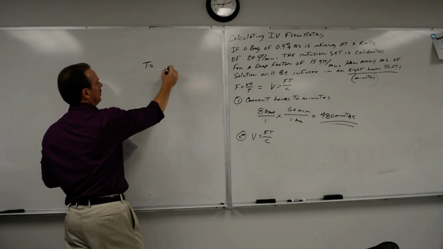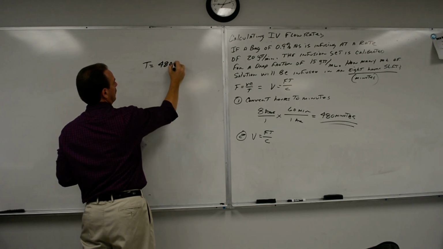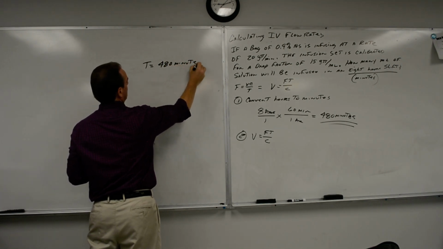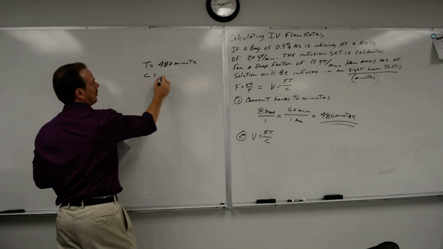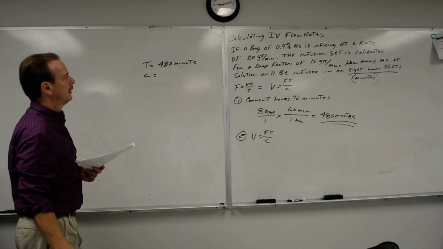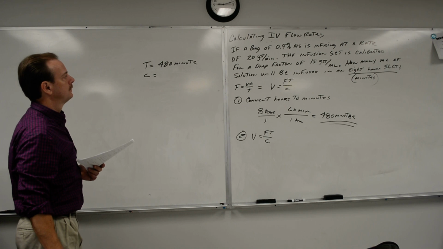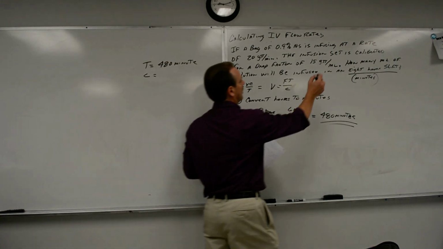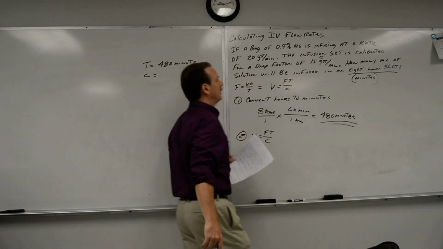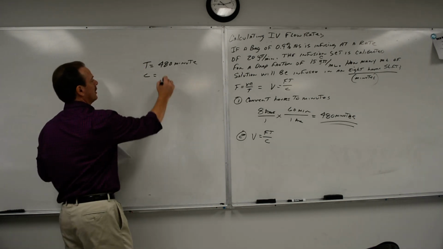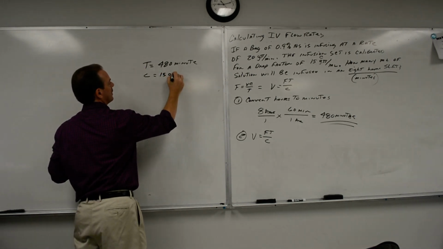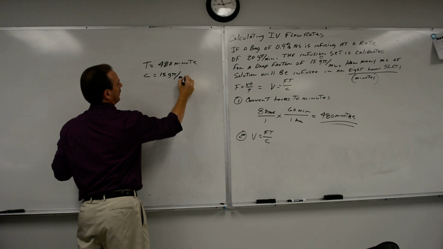We just calculated that out. 480 minutes. What is our calibration going to be? 15 drops per milliliter. This is our C right here, right? So the calibration is going to be 15 drops per milliliter.